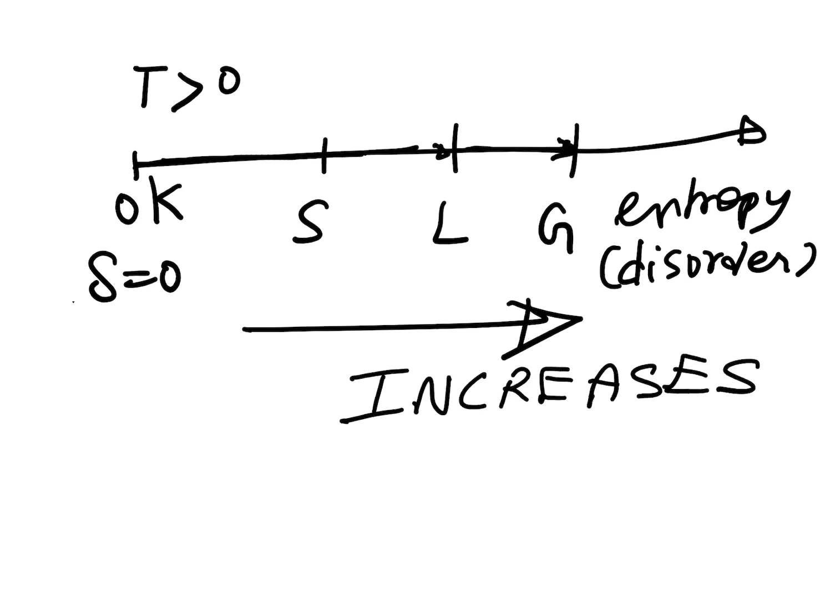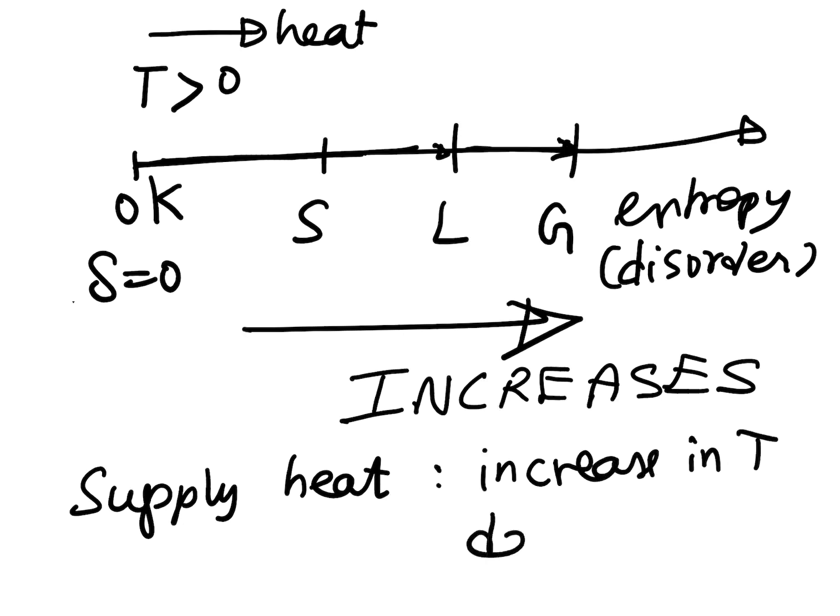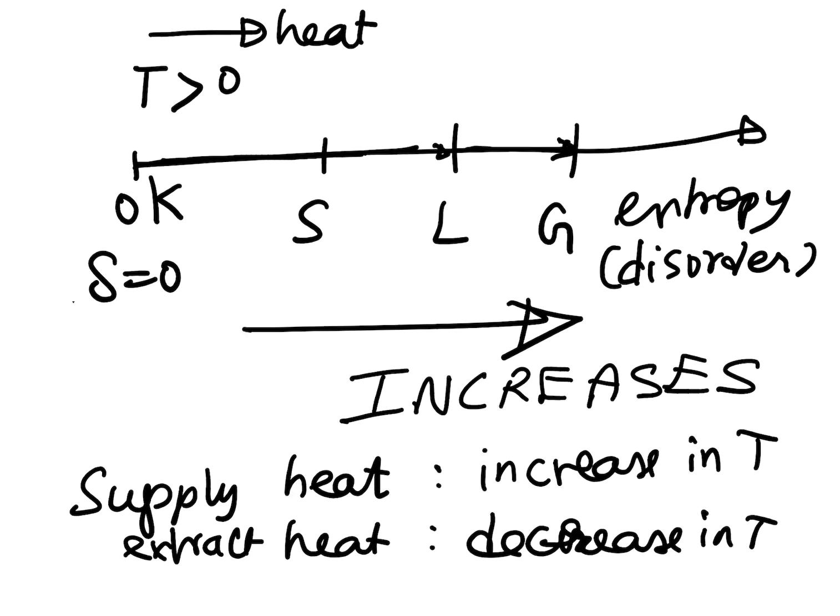The way we increase temperature practically is by supplying heat. Supplying heat generally leads to an increase in temperature, and to decrease the temperature, we remove or extract heat.